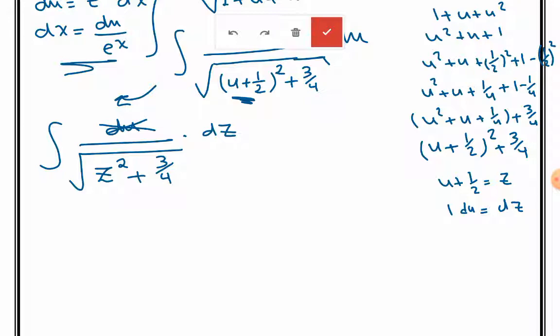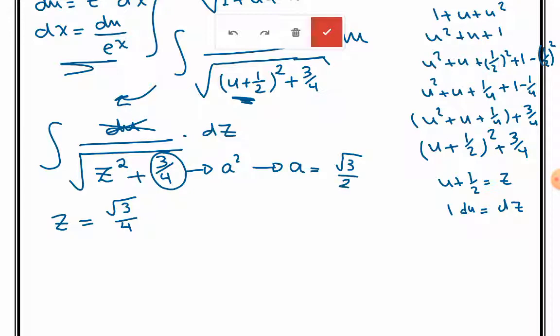What is the z? The z equals radical 3 over 4. This part should be a perfect square, so to make it a perfect square, it's 3 over 4 as a squared. So what is a? Only take the root for each side, which is radical 3 over 2. So z is radical 3 over 2 tan theta.